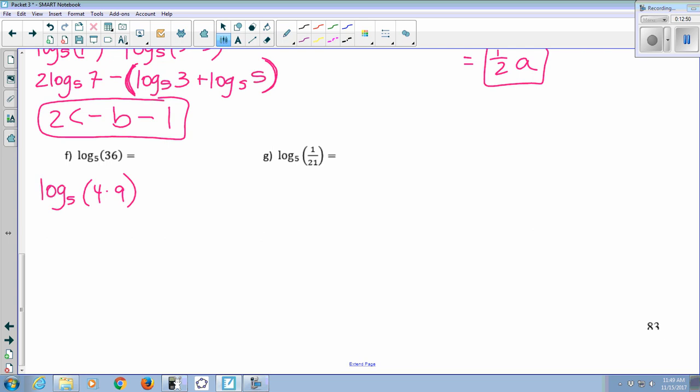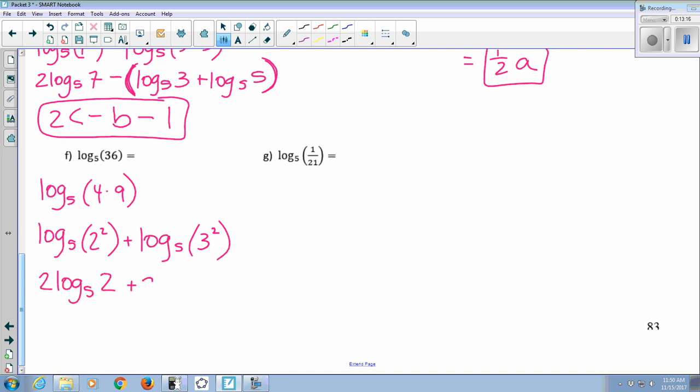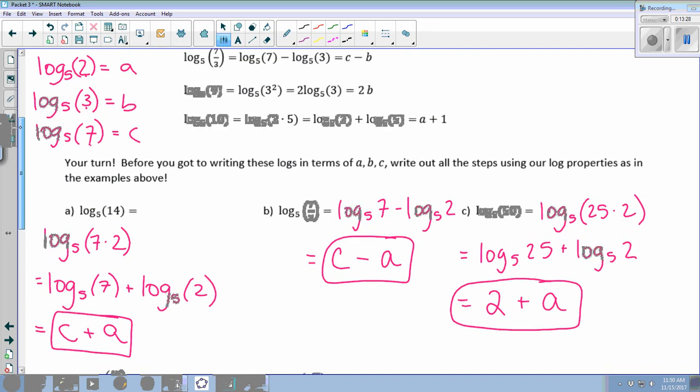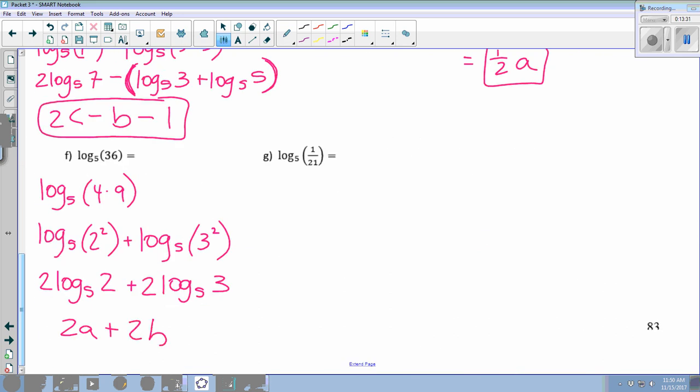So now I can expand this. This is log base 5 of 2 squared plus log base 5 of 3 squared. Just rewrote the 4 as a 2 squared and the 9 as a 3 squared, and I applied a log rule. Now I'm going to use my power rule so I can bring the exponents down. So this is 2 log base 5 of 2 plus 2 log base 5 of 3. So that is 2A plus, I think it's 2B. Log base 5 of 3 is B. Yeah, 2B.